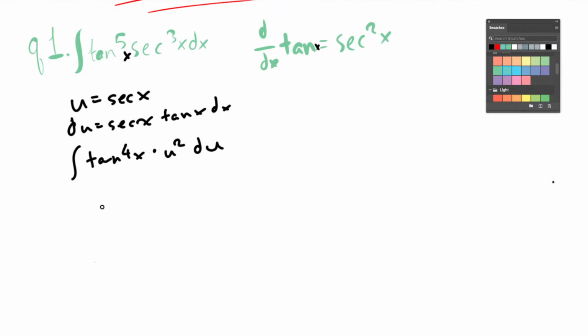Now what do we do with this tan 4x? Technically this is just sine times u to the 4th u squared.